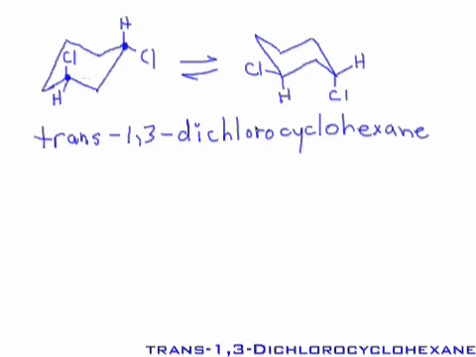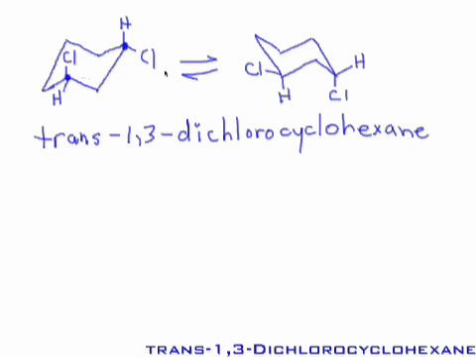This is trans 1,3-dichlorocyclohexane. Is one of these conformers more stable than the other? Well, this time for the trans, we're getting the axial equatorial combination. Ring flipping turns your axial into equatorial, but your equatorial into axial, so there's no net gain.